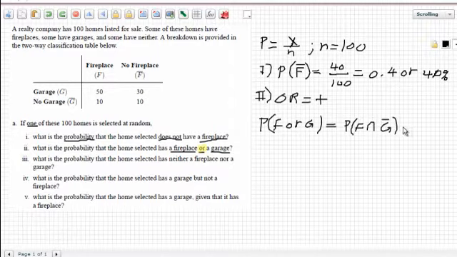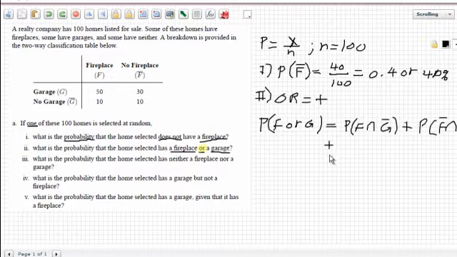That's my first probability, which still satisfies the condition because it says fireplace or garage. So it is very much possible that I can walk into the home and find a fireplace but no garage. It's also possible that I might walk into a home that has no fireplace but has a garage.